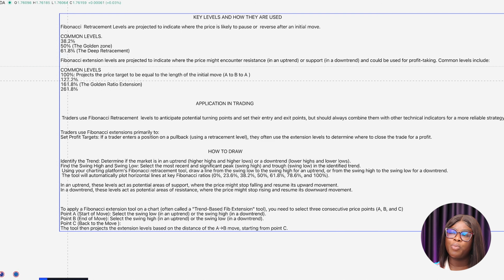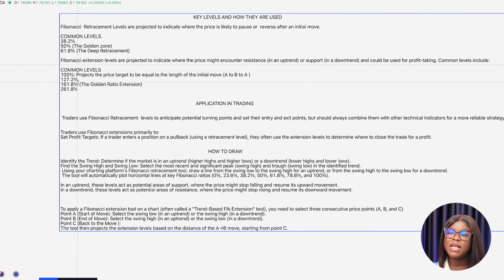Then we also have the 127.2%, the 161.8%, which is also the golden zone or the golden ratio for extension, which means most traders take profit usually on the 161.8% before any other move.